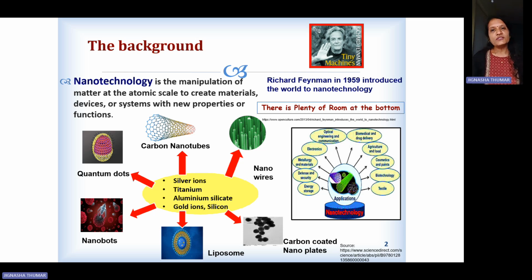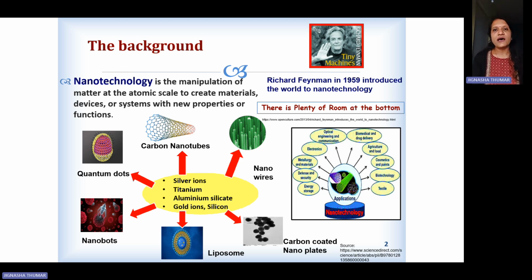Because of his vision, nowadays we are preparing nanoparticles such as silver, titanium, aluminium, gold and silicon nanoparticles, and we can use them to create carbon nanotubes, nanowires, liposomes, nanoboards, quantum dots, and a variety of other nanomaterials.